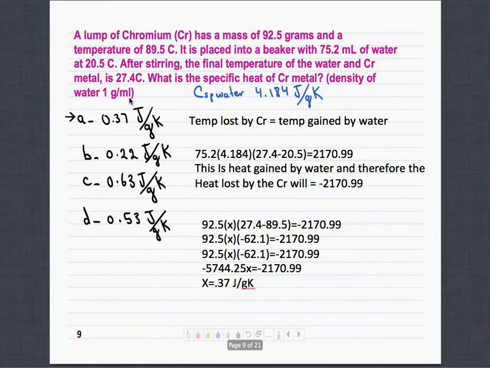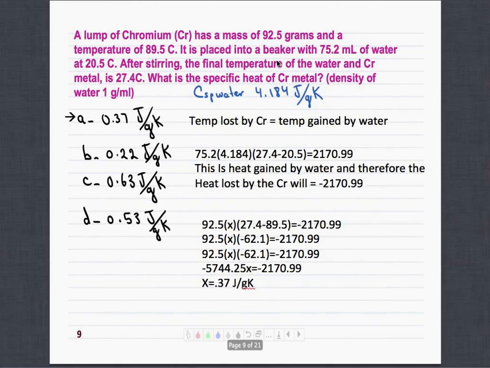This is a method that sometimes we use, thermal equilibrium, to figure out the heat capacity of elements that are new or unknown, or even to identify what the element is. You can calculate the specific heat capacity and then go to the tables and figure out what it is.